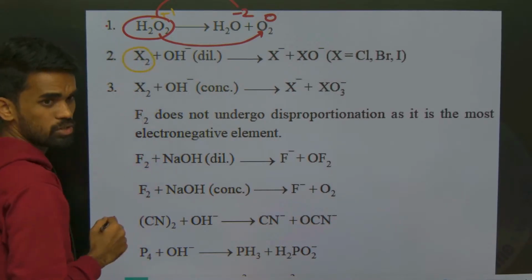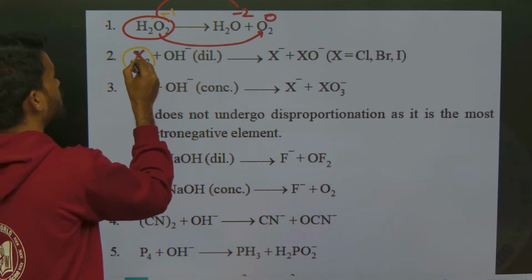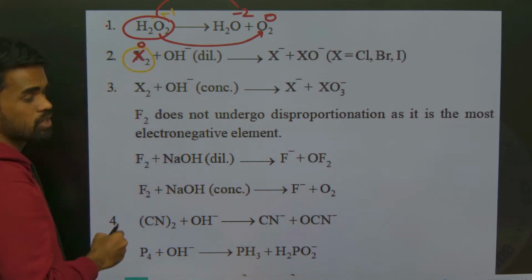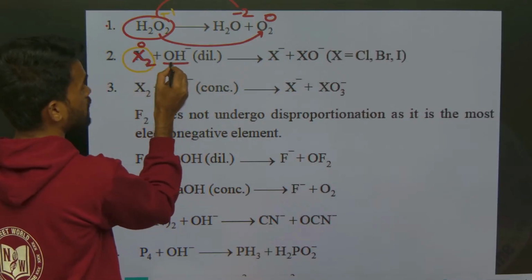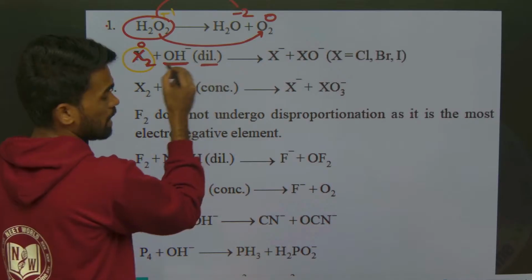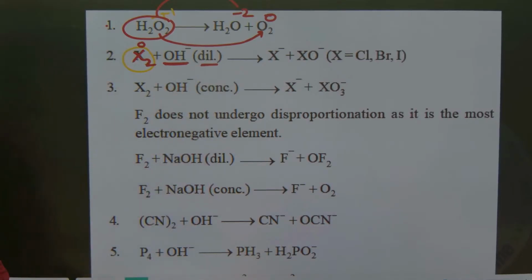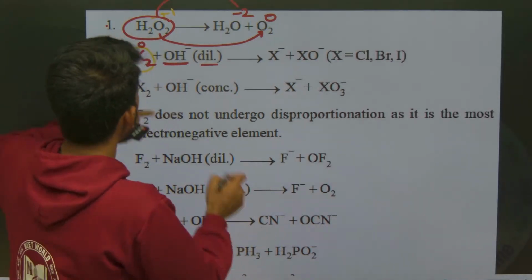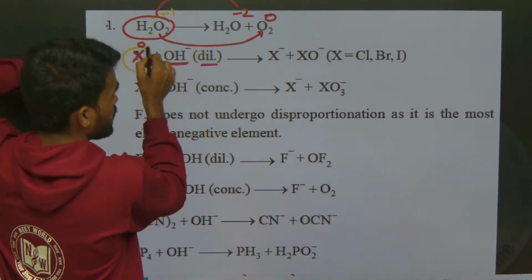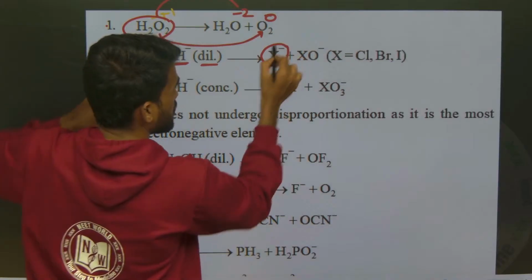Similarly, what about the oxidation state of a halogen here? X2 means halogen. Any element combined with itself will be 0. Now I am taking X2 in basic medium, a dilute solution, like dilute NaOH. How is it converting? X2 is converting into X minus, a halide ion.